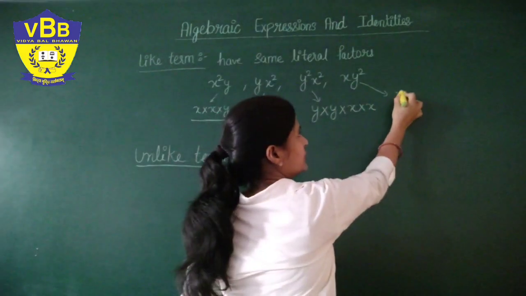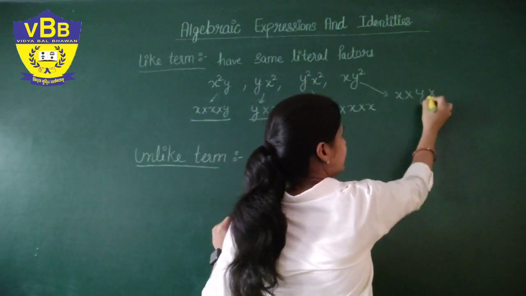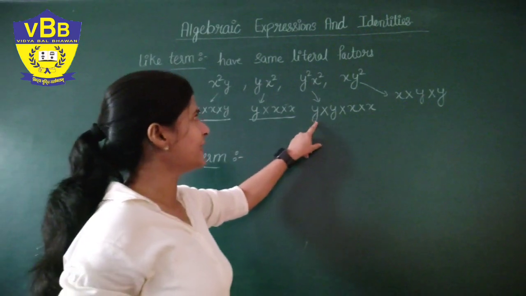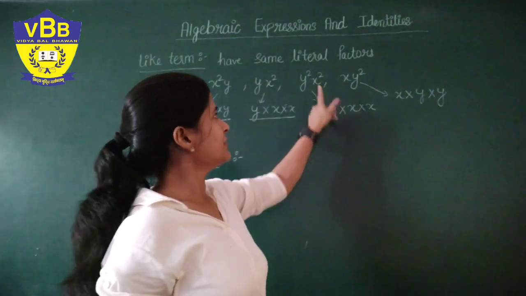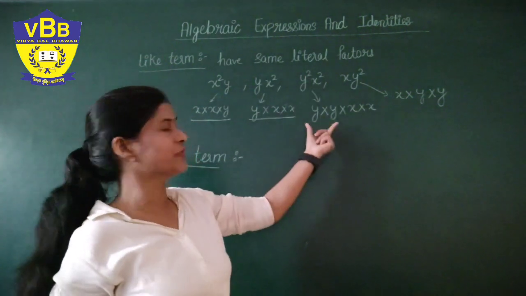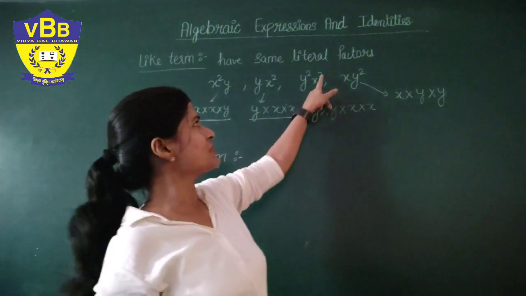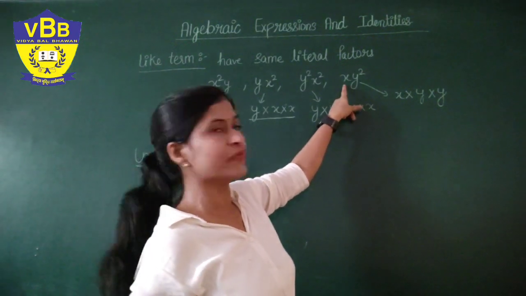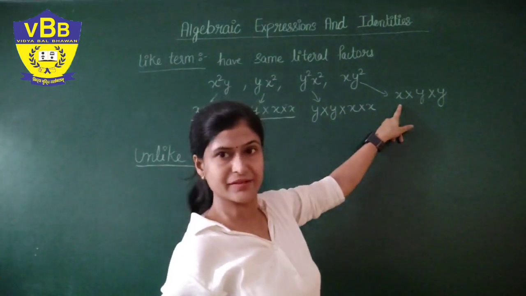The fourth one is x. Since y square has power 2, we will write y twice, and x square also has power 2, so we will write x twice. Here x has power 1, so we will write x single.